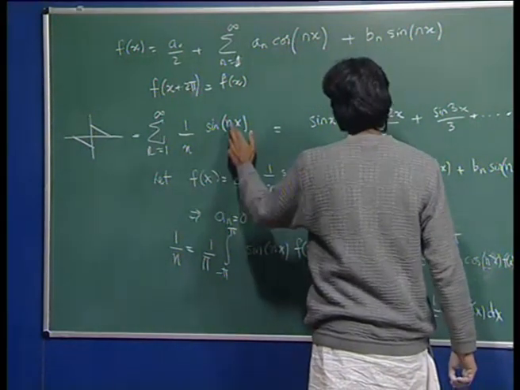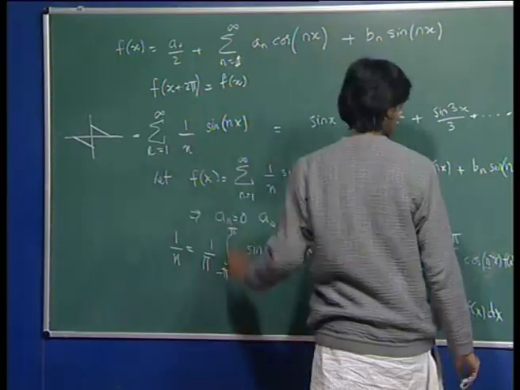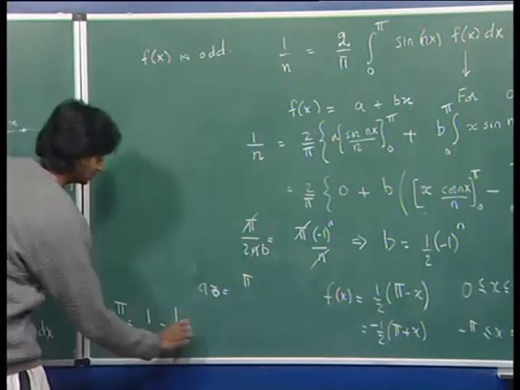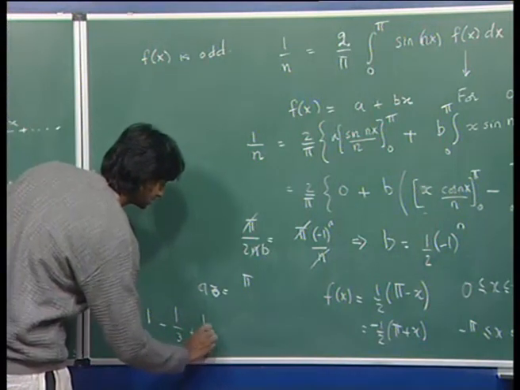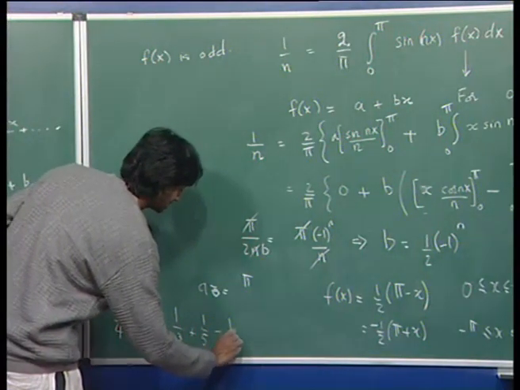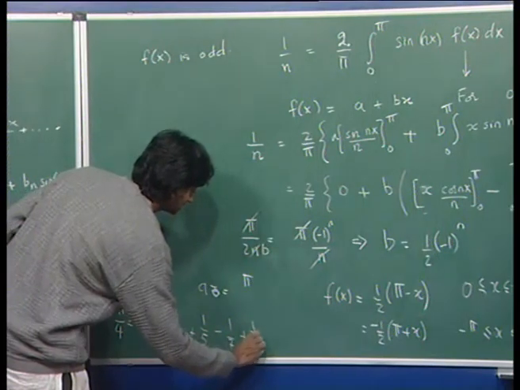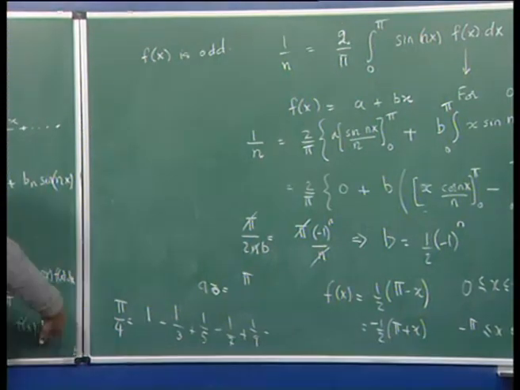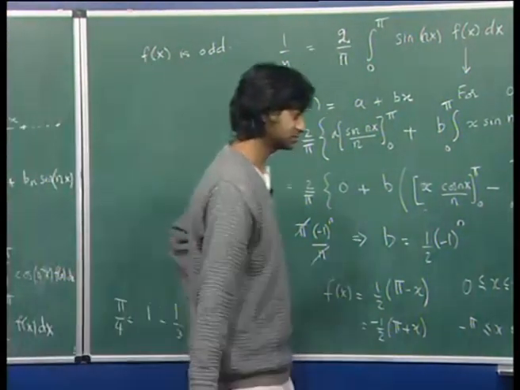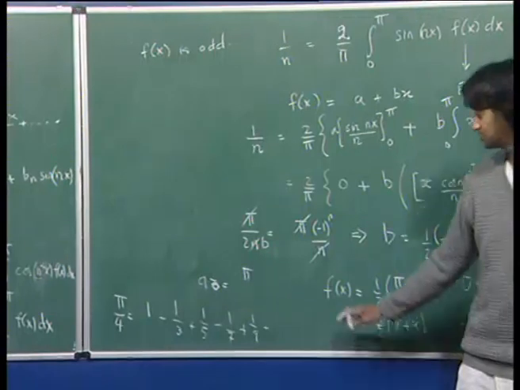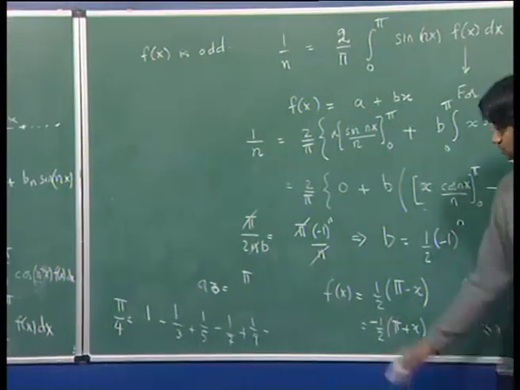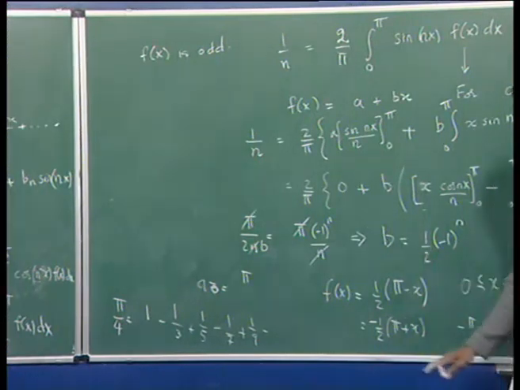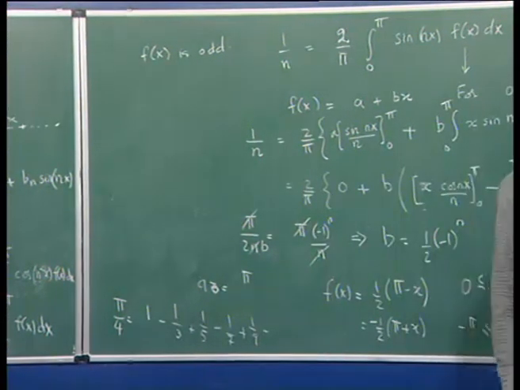N is 3, this is sin 3 pi by 2, that is minus 1, so you get minus 1 by 3. Similarly, you can show plus 1 by 5, minus 1 by 7, plus 1 by 9, and so on. So this is another representation for pi. Okay. So pi by 4 can be expressed as this infinite series. So in this way you can derive a lot of series for pi using this method of Fourier series.